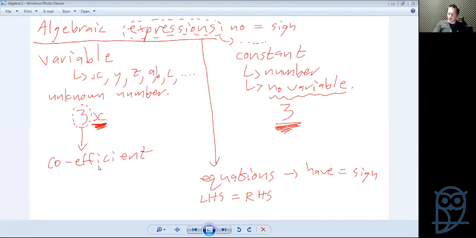The number in front is your coefficient. If there's no variable, it's known as a constant. And importantly, this is an expression because we do not have a left-hand side and a right-hand side.